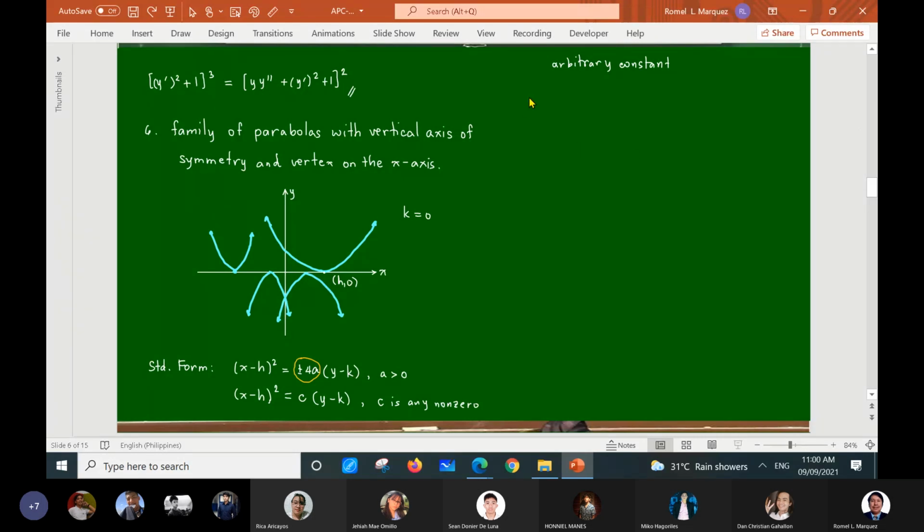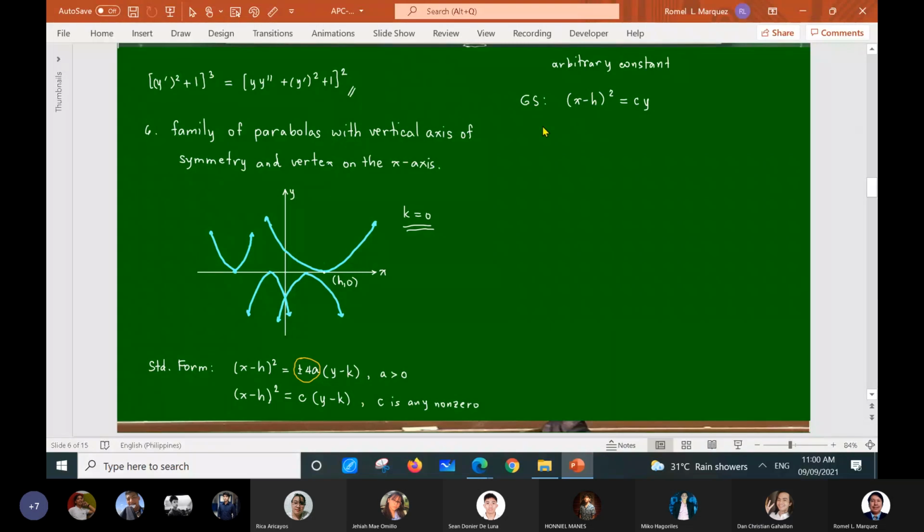So, anong general solution natin, guys? X minus h, quantity squared equals c y, no? Am I right, children? Kasi ang k is 0. Remember, k is 0 for every parabola that you're going to have. Is that clear, children? So, we can differentiate this now.